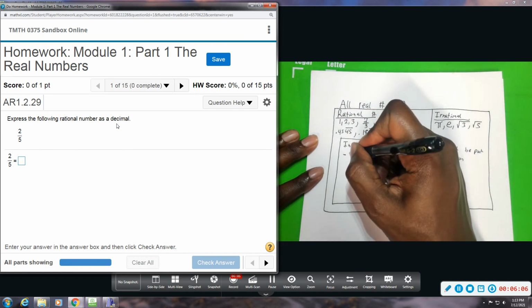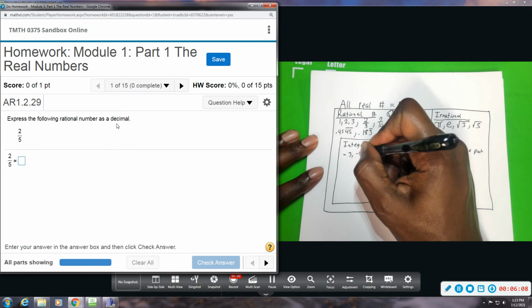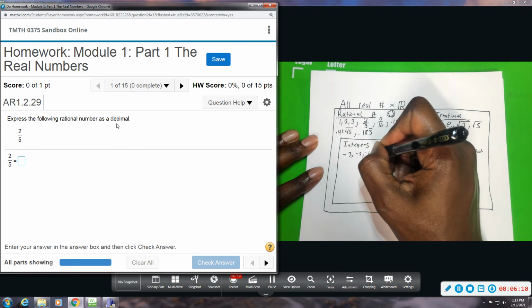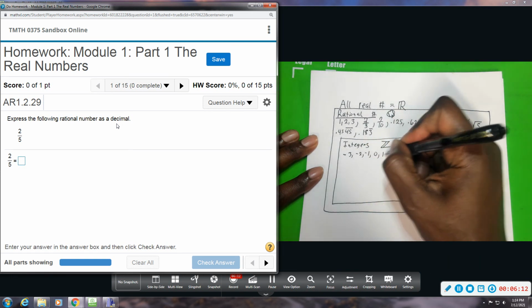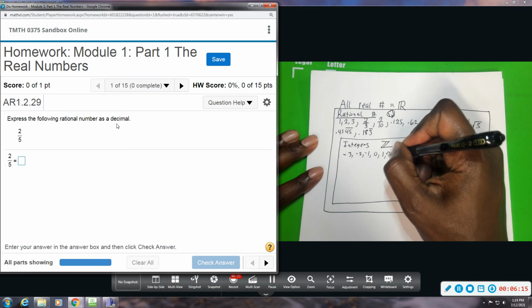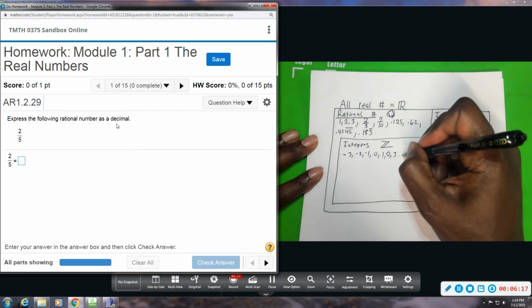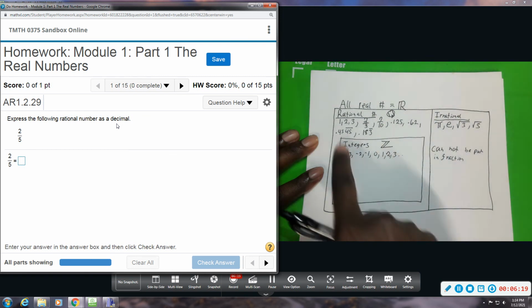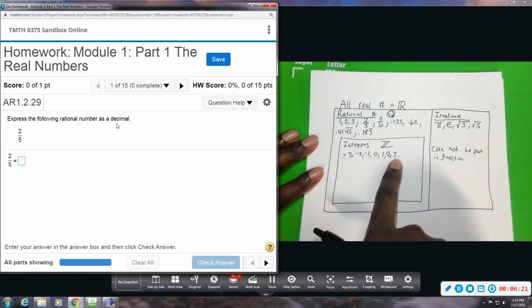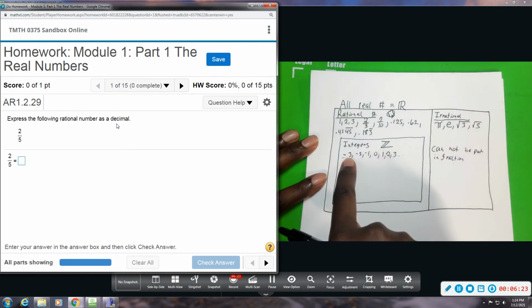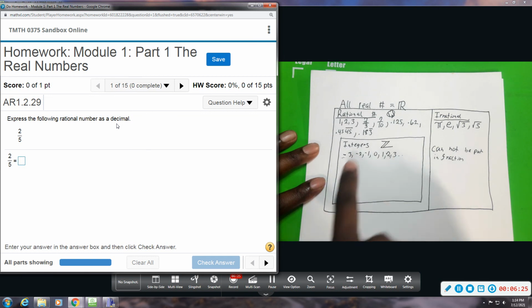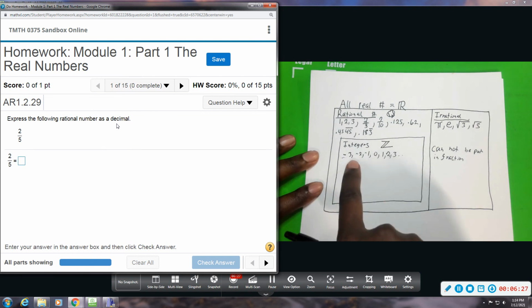So negative 3, negative 2, negative 1, 0, 1, 2, 3, dot, dot, dot, and dot, dot, dot. So, of course, all of these numbers are also rational. I can make any one of these numbers a fraction by just putting it over 1. So negative 3 over 1 would be negative 3. I can make it a fraction.